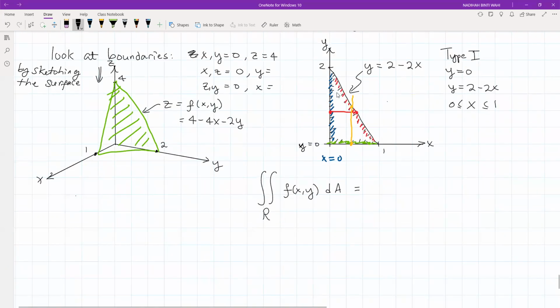And then you can see that we can use just a double integral like usual. Okay, so the region is what? The region is x goes from 0 to 1. Okay, so this is the y limit, so y equals 0, and then y equals 2 minus 2x. f(x,y) is what? It is the surface z, 4 minus 4x minus 2y, dy dx. Not 2y, that's 2x. Yes, that's right.